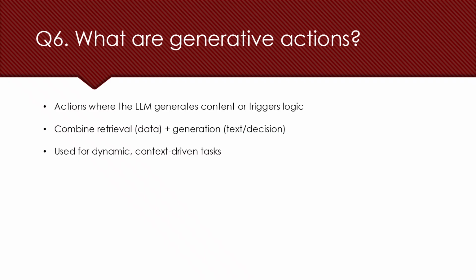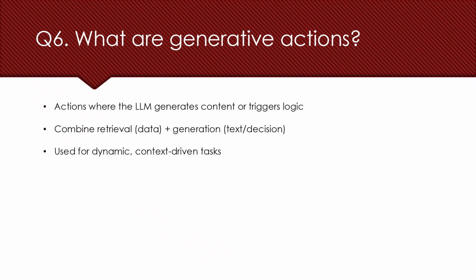Copilot will retrieve the relevant sales report, run the analysis on it, and generate a structured summary or presentation. Another example is creating a support ticket with proposed steps. The agent will synthesize the problem, understand it, suggest steps, and then call a ticketing API to create a ticket or a record.